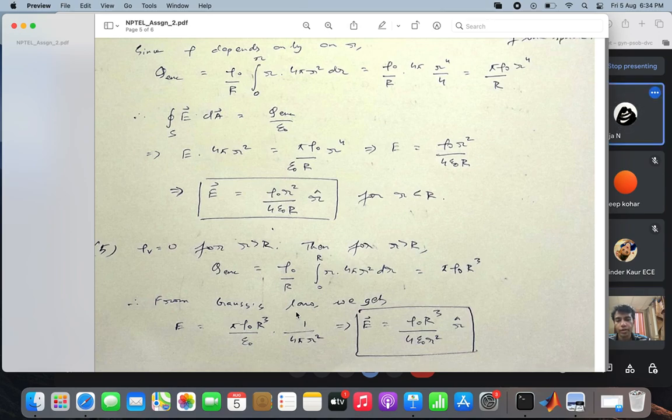So then the total charge enclosed by my new Gaussian surface is basically the entire charge contained within the sphere of radius capital R, right?